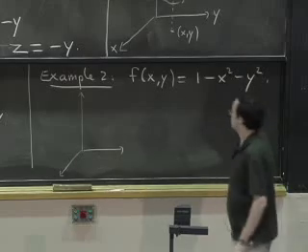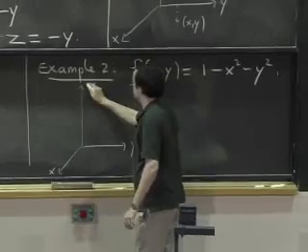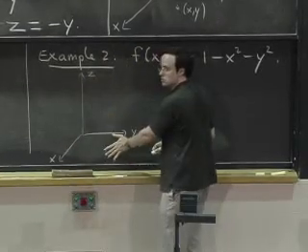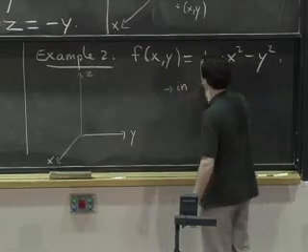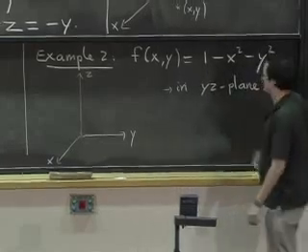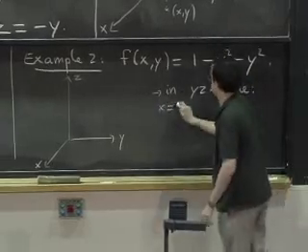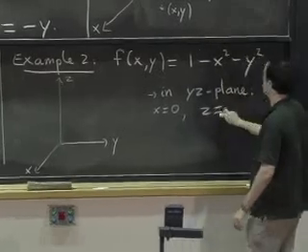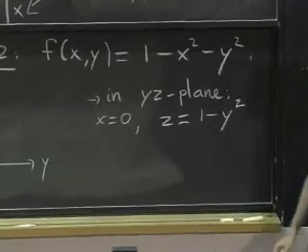So maybe it will help if we understand first what it does in the plane of a blackboard. Okay? So if we look at it in the yz plane, that means we set x equal to 0. And then z becomes 1 minus y squared. What is that?